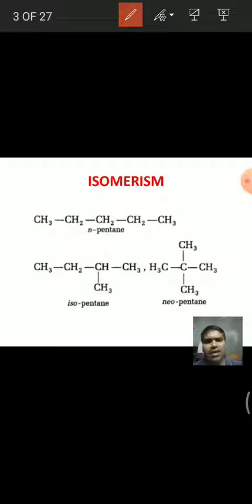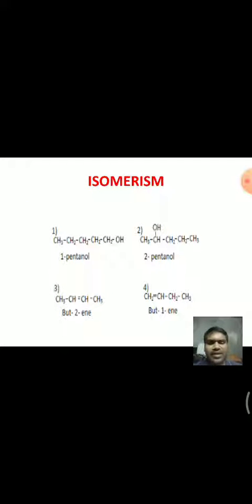Let us see some more examples. See here, the first and second compounds have the same molecular formula, but those two are different compounds.